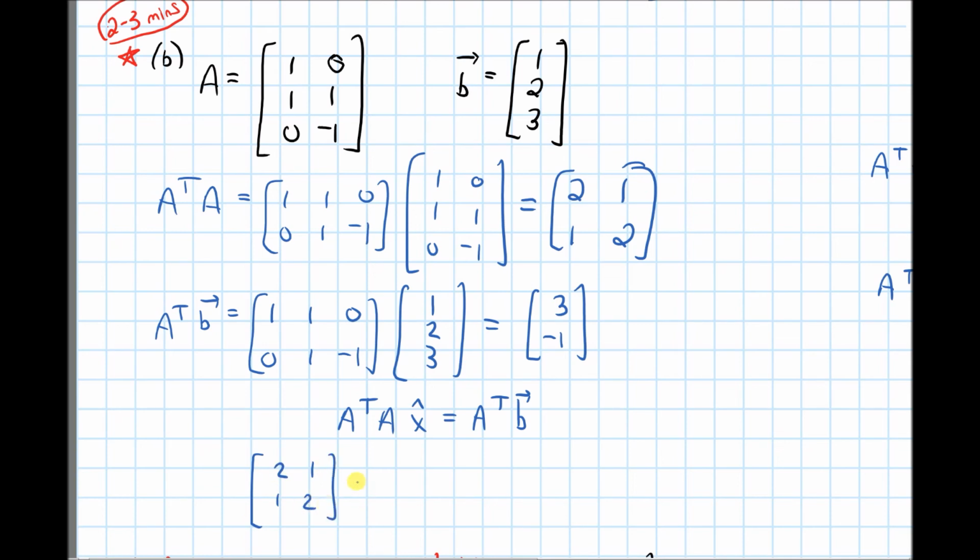And that needs to multiply the vector x hat that we're looking for to give us A transpose b, which was the vector 3, negative 1. So we're trying to solve this, and we could write this as an augmented matrix as 2, 1 augmented with 3, and then 1, 2 augmented with negative 1.